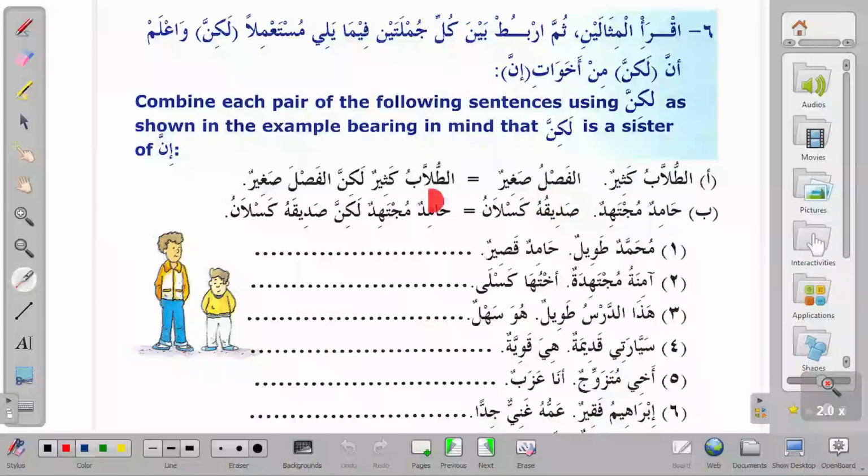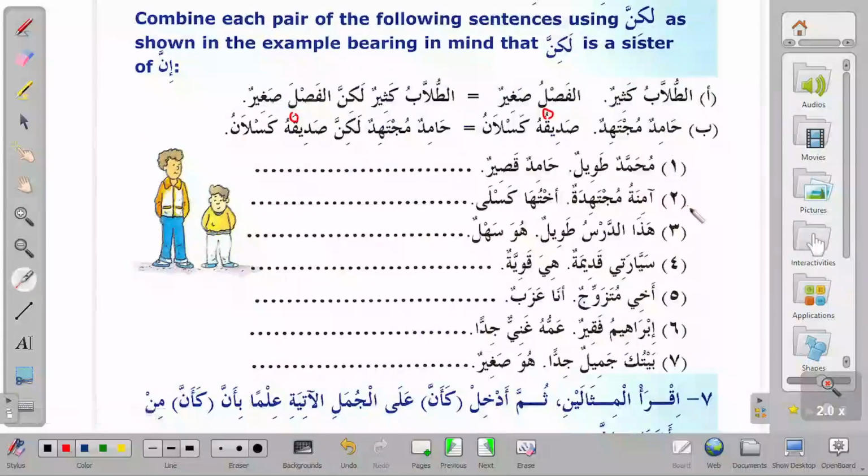Here you have to be very careful. Initially it is sadiquhu, but because of lakinna, it will now be sadiqahu, keslanu. I hope that is clear. So now let's complete the assignment.